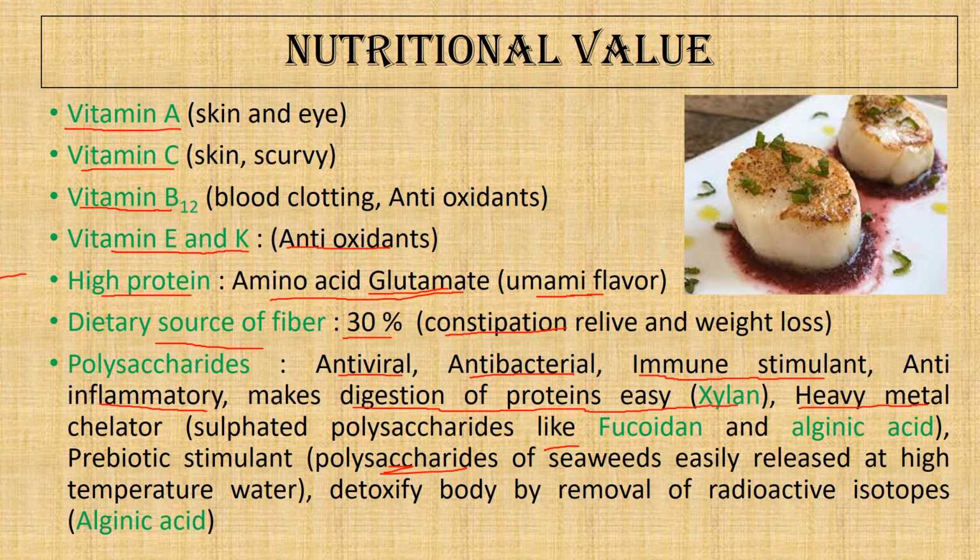Certain polysaccharides, especially alginic acid, are used to detoxify because of their metal chelating property, and are also found to remove radioactive isotopes.